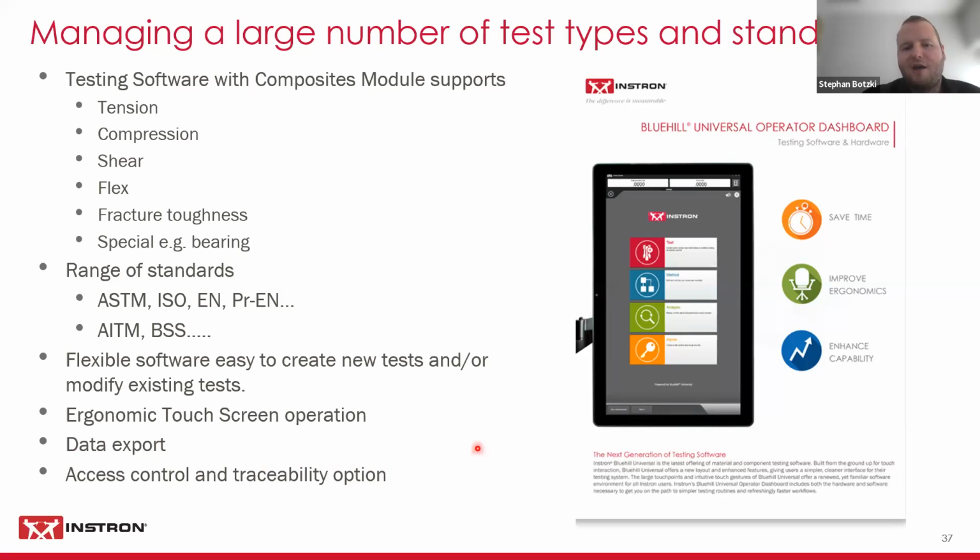You can have different security levels, and for your testing operators, for example, you could prevent them from being able to make changes to any testing method. And if they attempt to do so, or if somebody else like the lab manager tries to, and you have some other manager above that, you could have sign-offs in place where you make sure that somebody reviews that, sees the different changes, and then either approves them or not.